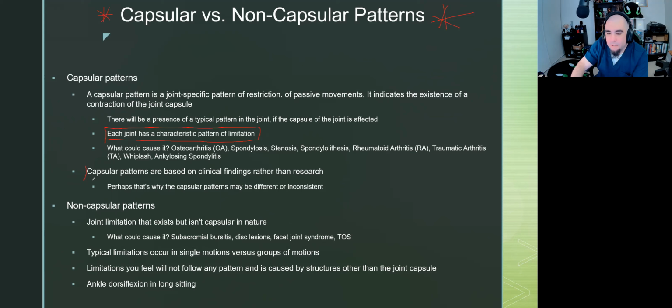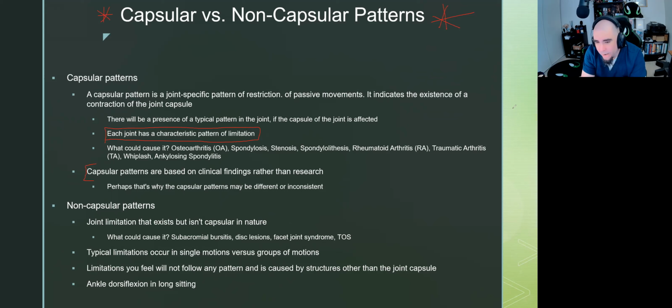Capsular patterns are based on clinical findings rather than research. And here's why I talk about this. Because some clinicians say capsular patterns don't exist. There are some clinicians that don't believe in capsular patterns. I'll say in all my years of treating, I believe in them and I've seen them.